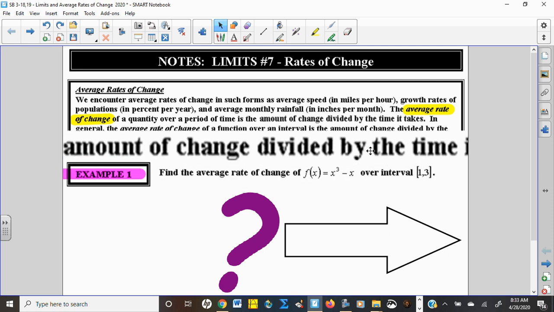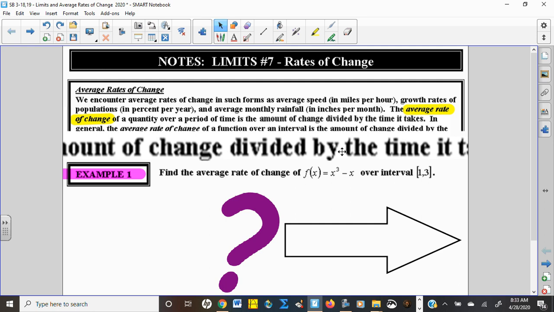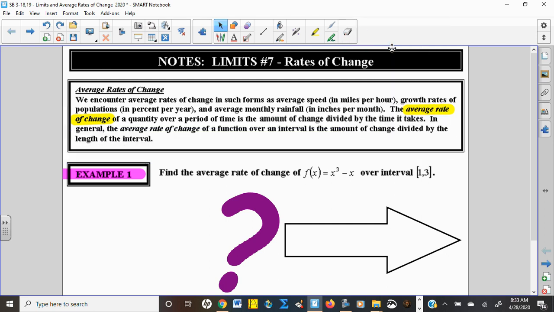We know rates. Rates are change, just ratios in which we're measuring one change over another change. And in this case, the bottom is the time that it's taking something to change. That's not really the case in this first example, where they just give us a generic function x cubed minus x.